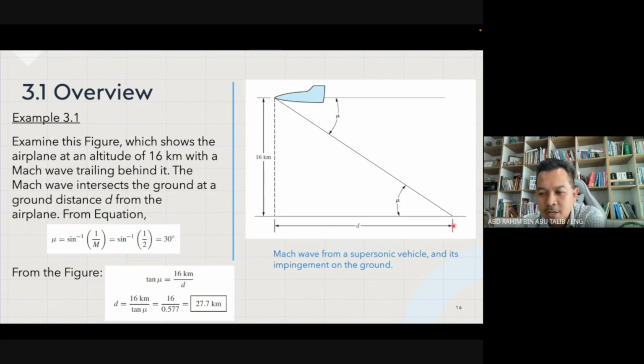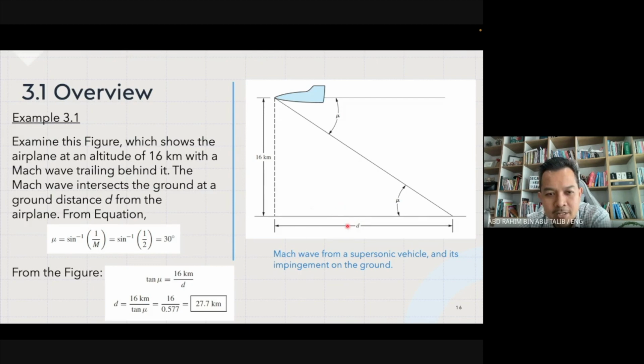This is where the bystander is standing. We need to find D. By examining this figure, we show the airplane at an altitude of 16 kilometers with a Mach wave trailing behind it, and the Mach wave intersects the ground at a ground distance of D.